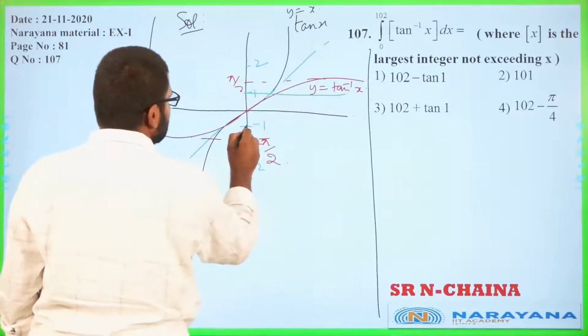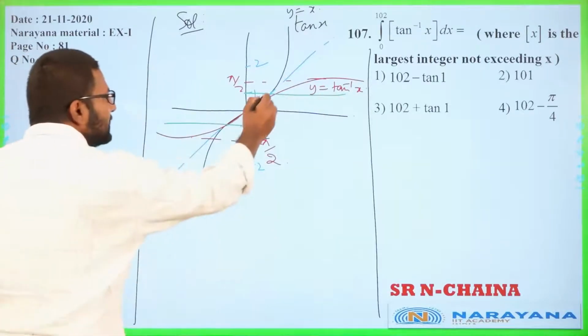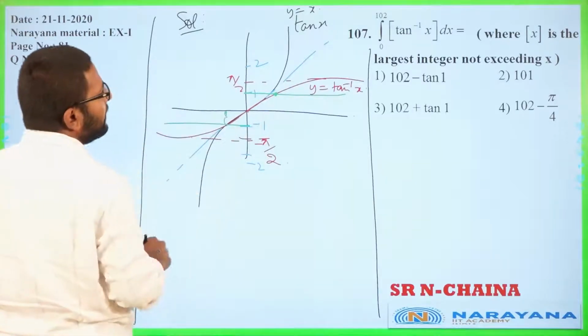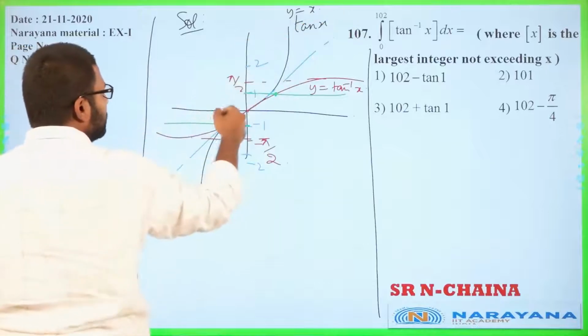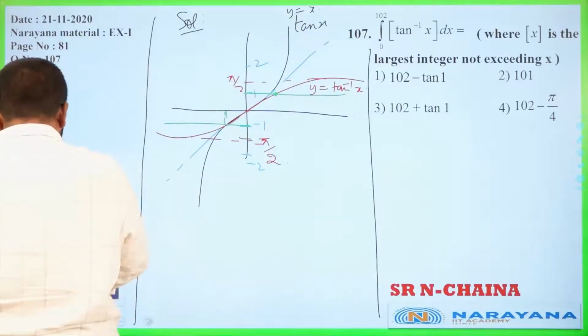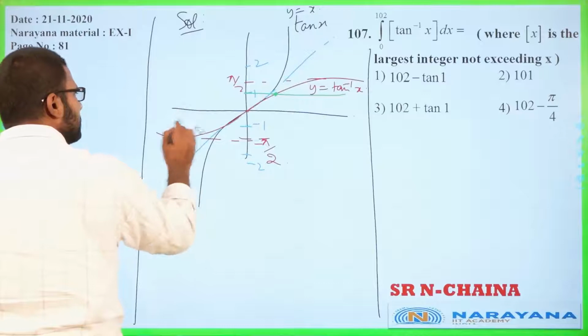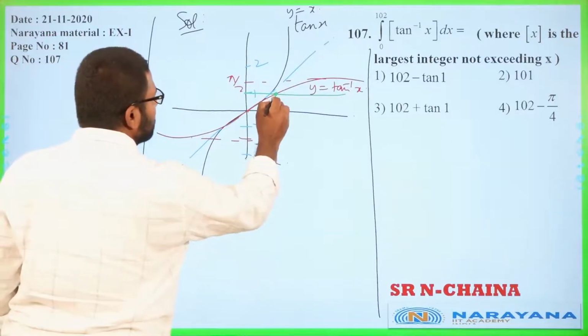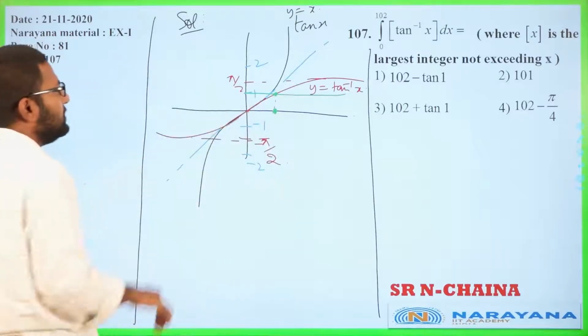your integer lines. Where is it touching? Somewhere over here and over here, right? Anyway we have to go from 0 to positive side, so you can ignore the left side, ignore this half, ignore this part completely. Only look at the right part. This is some value. What is this value?